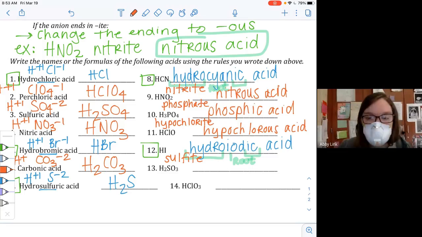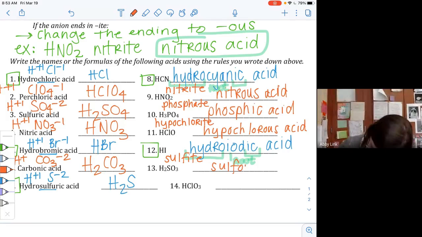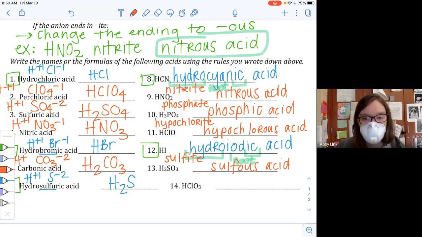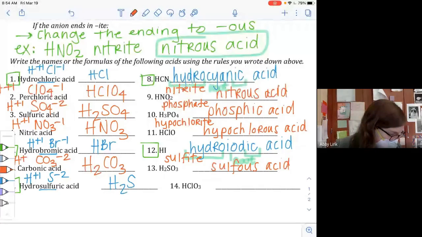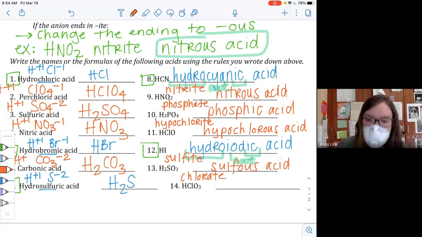ITE, I-T-E, I'm going to change that to OUS. So I end up with sulfous acid. Last but not least, HClO3. ClO3, that is chlorate. ATE gets turned to ic, so I'm going to end up with chloric acid.